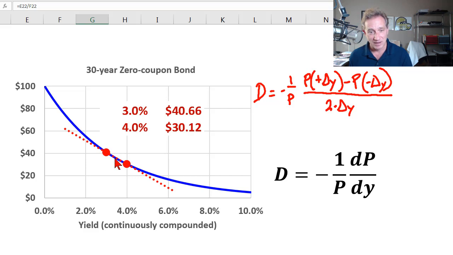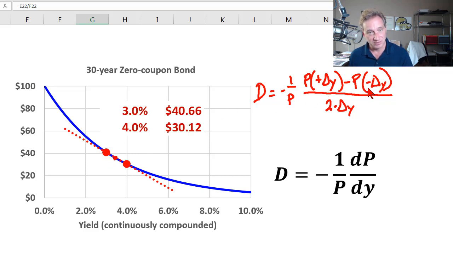In my example, I'm implicitly estimating the modified duration at 3.5%, meaning I'm getting the effective duration at 3.5% by starting at 3.5% and shocking down 50 basis points and up 50 basis points. So my yield shock is the price at plus 50 basis points, that's $30, minus the price if I shock down the yield of 50 basis points to 3%, that's my 40.